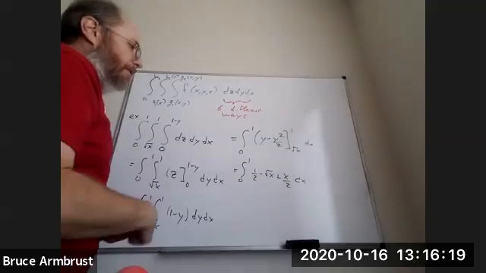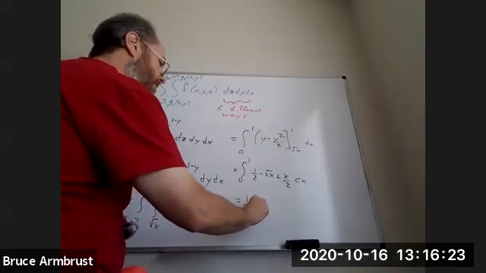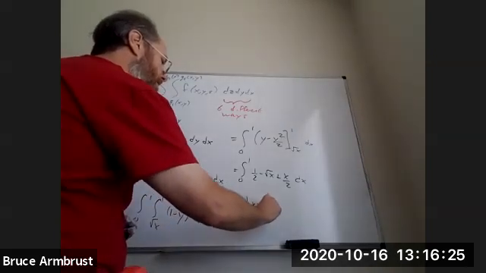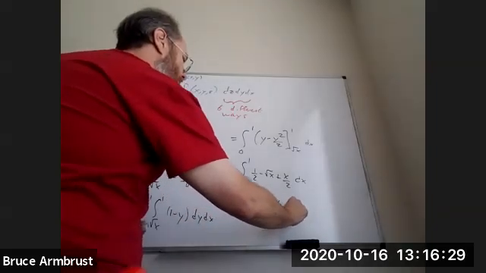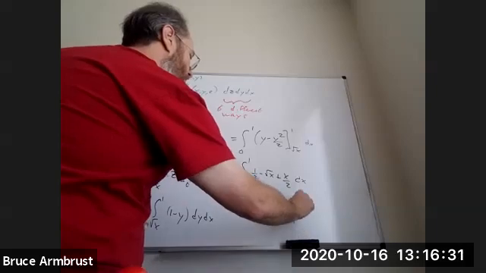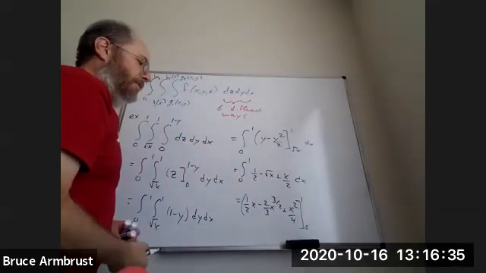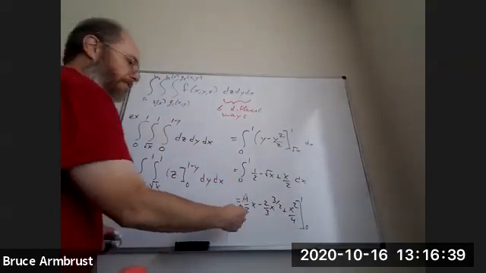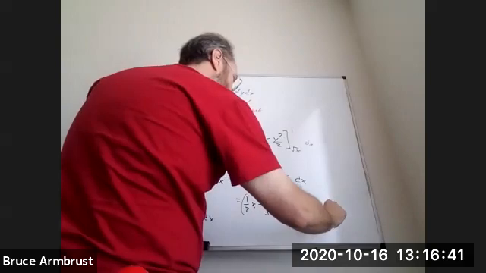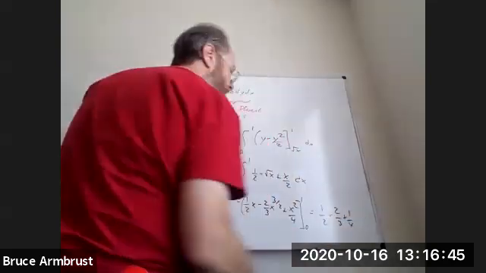All right, so then lastly, we integrate with respect to x. That gives us a 1/2 x minus 2/3 x to the 3/2 plus x squared over 4 that we now evaluate at 0 and 1. The 0, of course, is going to give us zeros. When I plug in 1, I get 1/2 minus 2/3 plus 1/4.